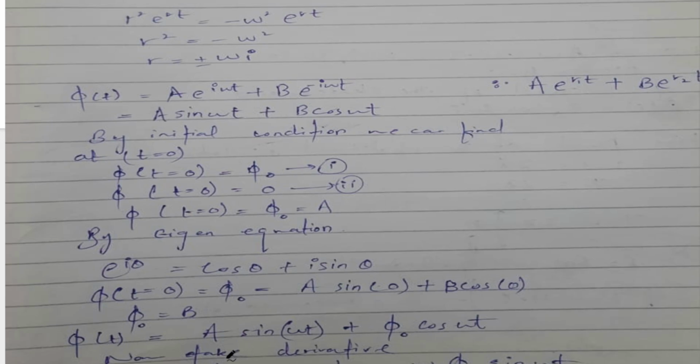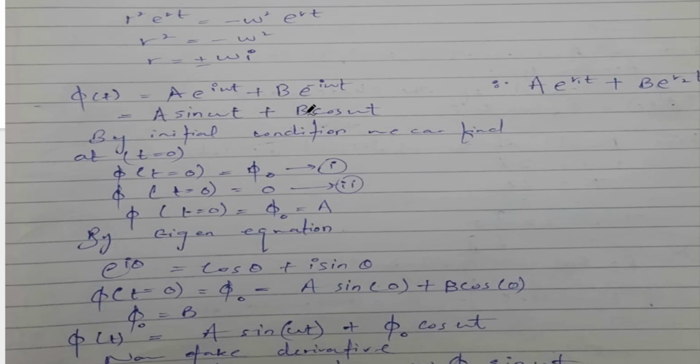After solving it, you can see the equation above. You will again put it there. The b value gives phi naught, so put the value of b in this equation.